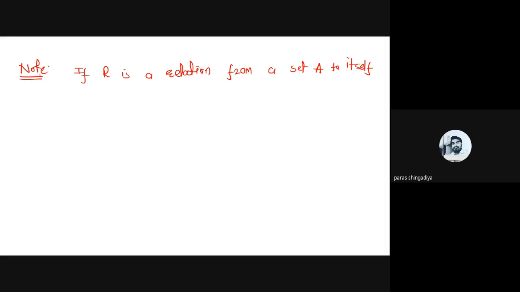That is, R is a subset of A square, meaning the Cartesian product of A with A, that is A cross A. And R is the relation on A. Clear? R is the relation from set A to itself.